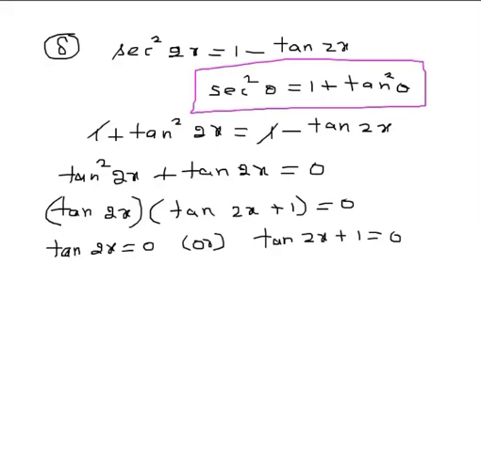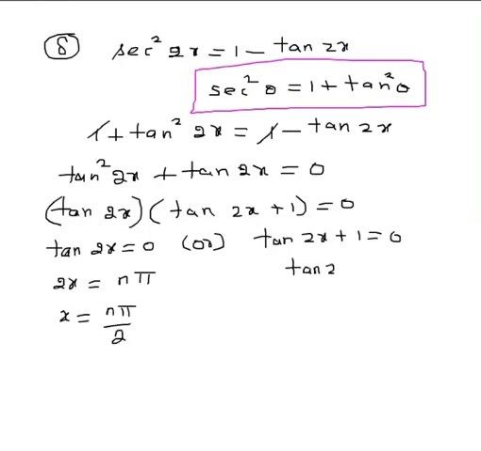Now we have to use tan x is equal to tan y general solution. Tan x is equal to 0 general solution formula, which is n pi. But here the angle is 2x, so 2x is equal to n pi. We have to solve for x.